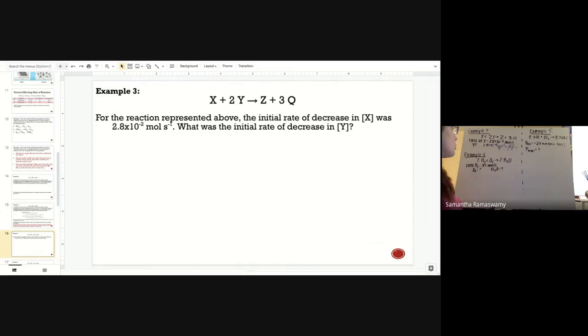So we can do 2.8 times 10 to the negative second times 2. So again, instead of doing that whole thing at the very end of the video, we can just use stoichiometry like this, and that'll give us our answer. So 2.8 times 2 is 5.6. So 5.6 times 10 to the negative second.